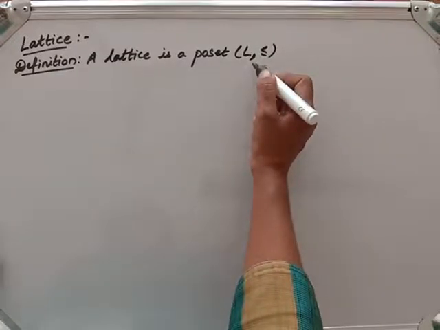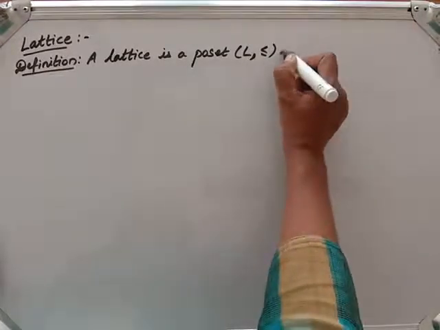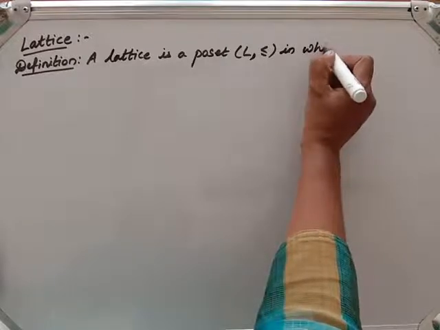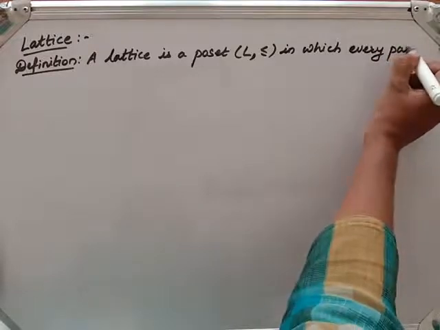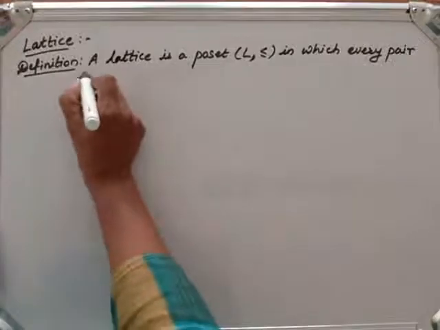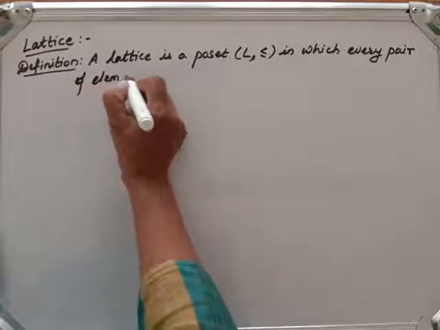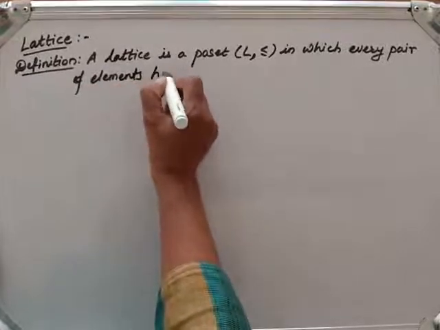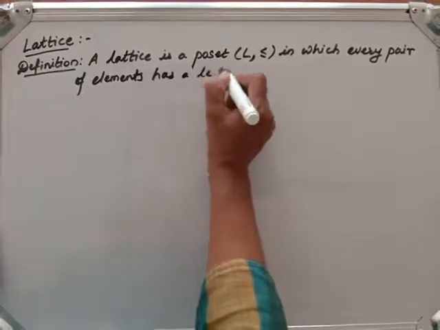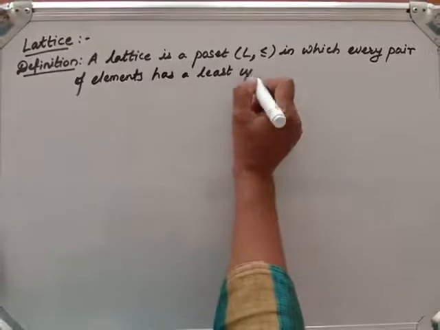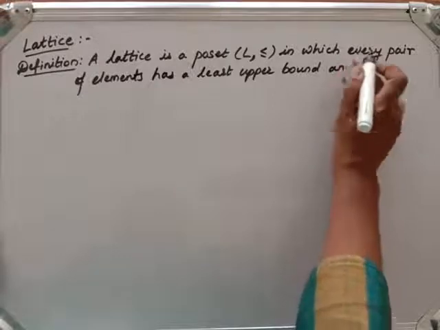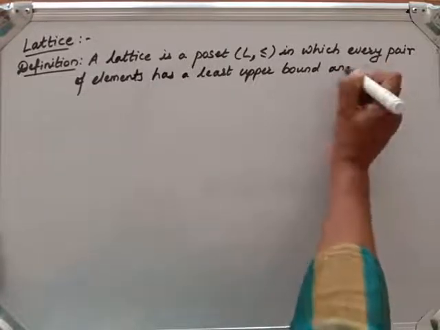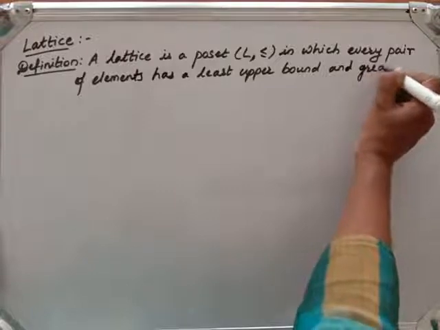Suppose L is a poset in which every pair of elements has a least upper bound and greatest lower bound.